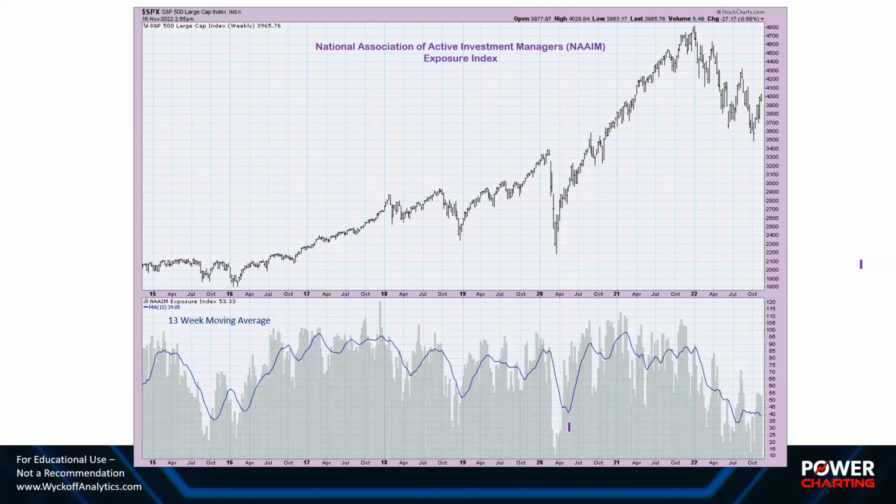This is all classic sentiment indicators. By doing a 13-week moving average, we can see a smooth rolling period. Note that in 2022, there's a long period of general underexposure, and the 13-week average is the lowest it's been all the way back to 2015. So that shows extreme pessimism.